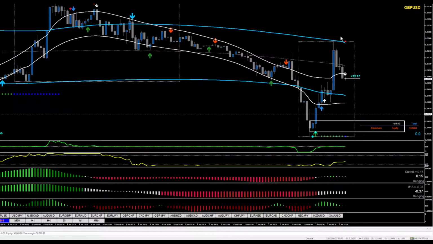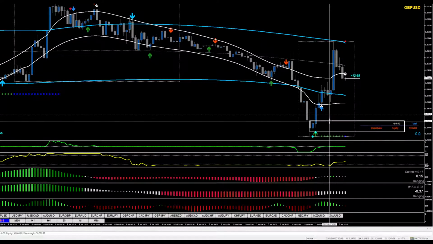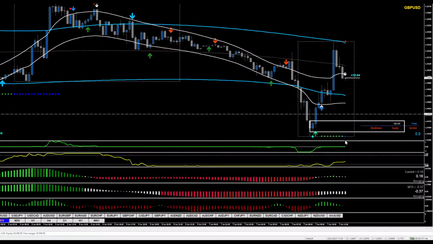The good thing is the band did not go out on the other side, so from what my template is telling me and the indicators, we should continue up after the retracement, and hopefully that retracement goes right into the order block here, right at that level, and then I would have my stop loss right underneath here. So let's see. Let's see what happens.